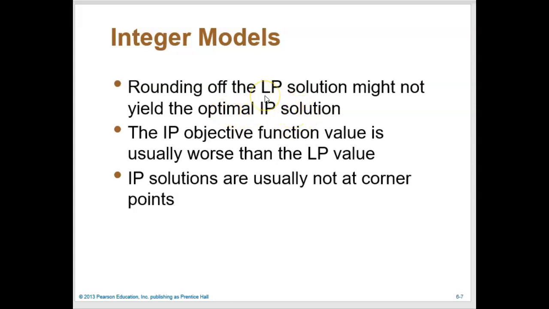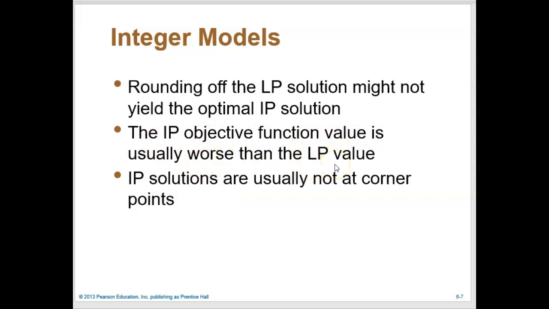If you're simply rounding up or rounding down the solutions from an LP model, there might be a case where you don't have enough resources to do that rounding as required. One thing you should keep in mind is that the IP objective function value is usually worse than the LP value.